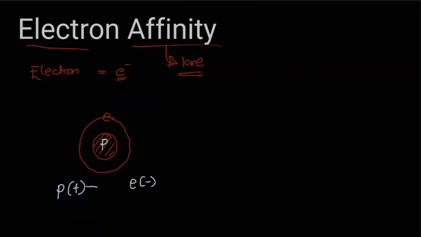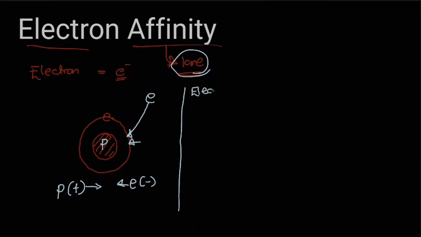This positive and negative will be attracted towards each other, and this is what brings about this love for the electron. Now, what exactly is electron affinity? Basically, if you have an electron here, it's going to be pulled and incorporated into this energy level here, and this is the electron affinity which we are talking about.